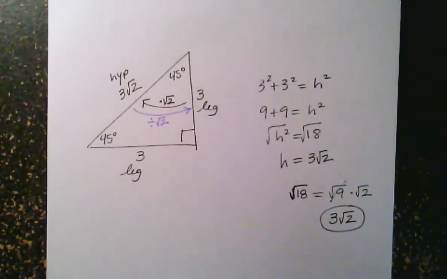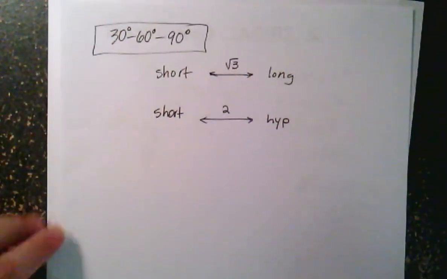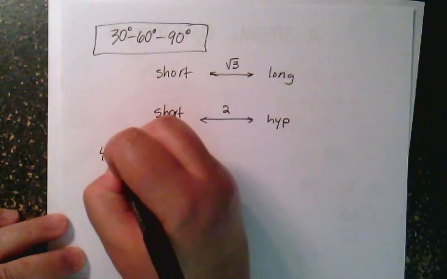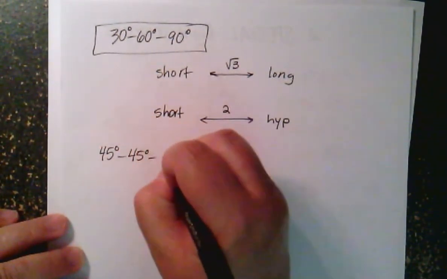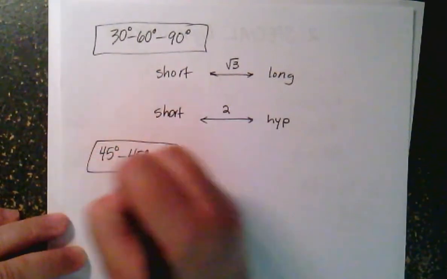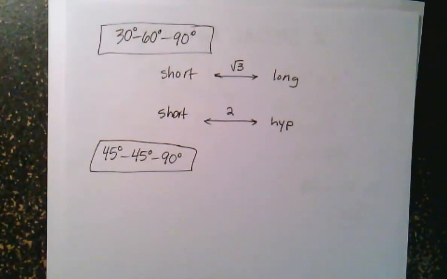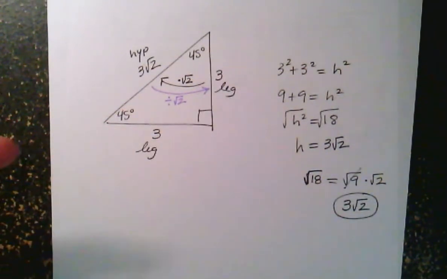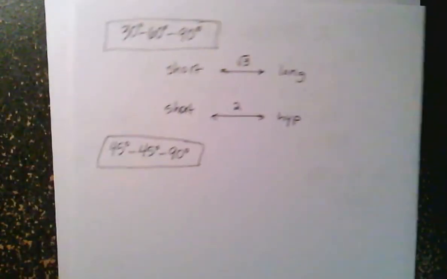Okay, so let's write that on here to kind of just remember all of our rules in one place. If we're dealing with a 45, 45, 90, the only number we're going to work with is square root of 2. Because this is the only thing we need to do. Either go from the legs to the hypotenuse or the hypotenuse to the legs. There's nowhere else to go. Both legs are the same.